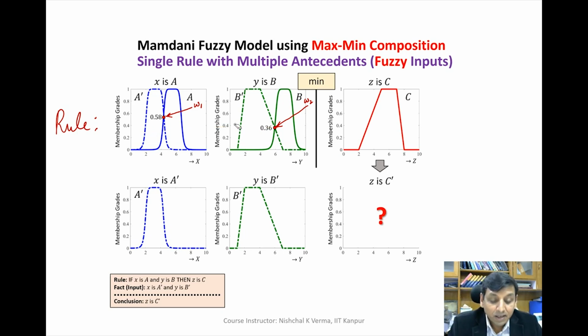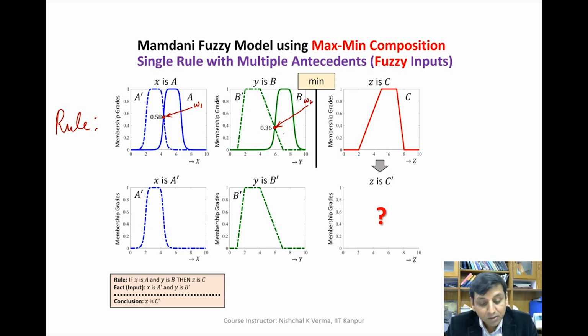Now if we apply max min composition, we take the min of these two values, min of 0.58 and 0.36. Obviously the min of these two is going to be 0.36.